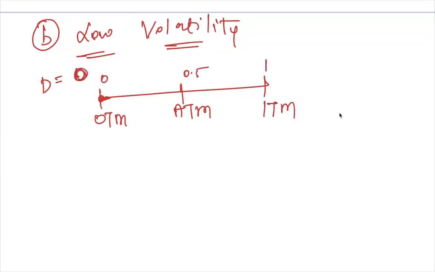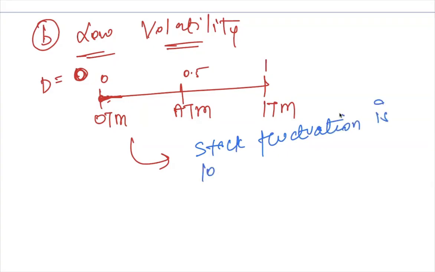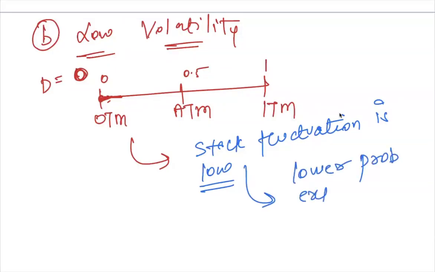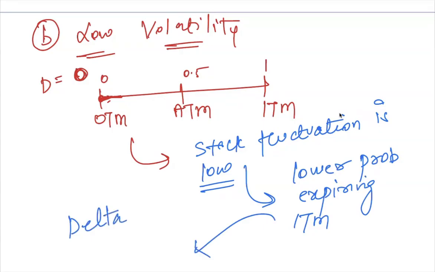When you have low volatility, the stock won't move at a very high pace. When you have lower volatility, stock fluctuation is low. So it has a lower probability of expiring in the money, which means it has a lower delta.